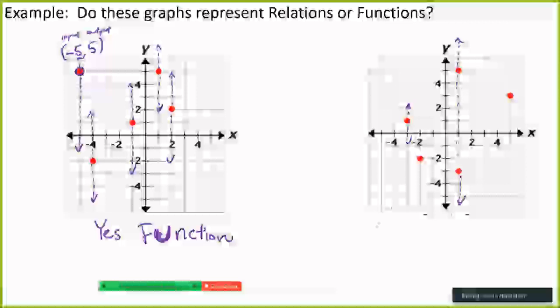So this fails the vertical line test, not a function. Why? Because it hits this point and this point. It hits the graph twice, or more than once, right? Intersects the graph more than once.